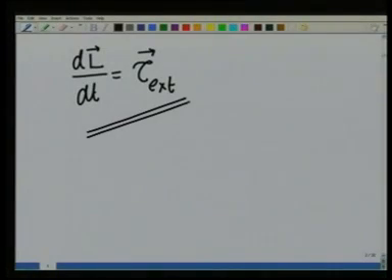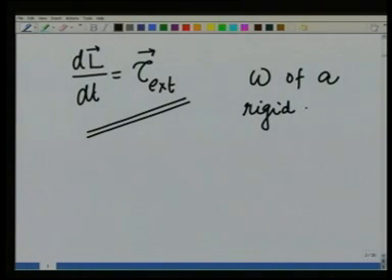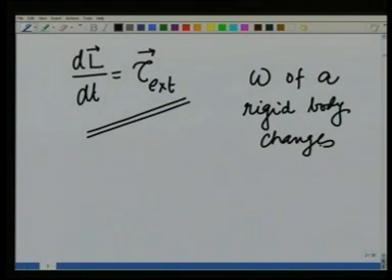So, after having solved this equation, I should also be able to tell you how omega of a rigid body changes, and therefore, with time, how the body changes its orientation.